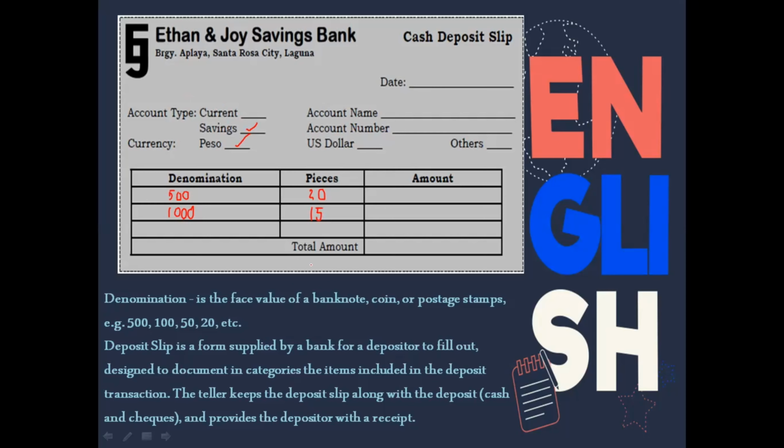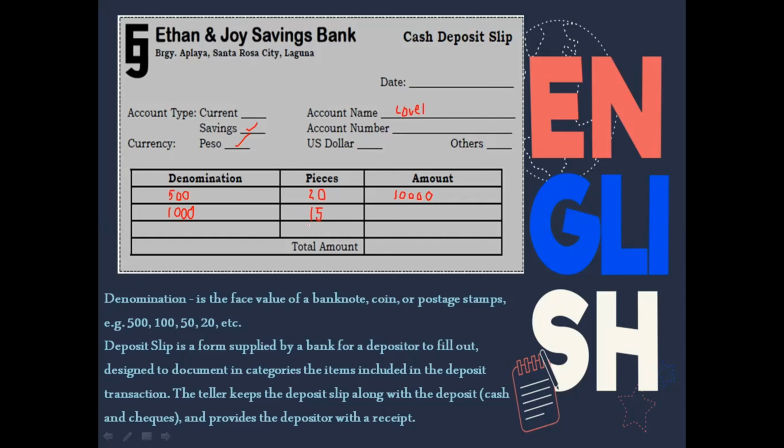And then my name here. Account name. I'm not going to put it because it's too long. Okay, so the amount here is 10,000. Why is it 10,000? Because 20 pieces of 500 pesos is 10,000.